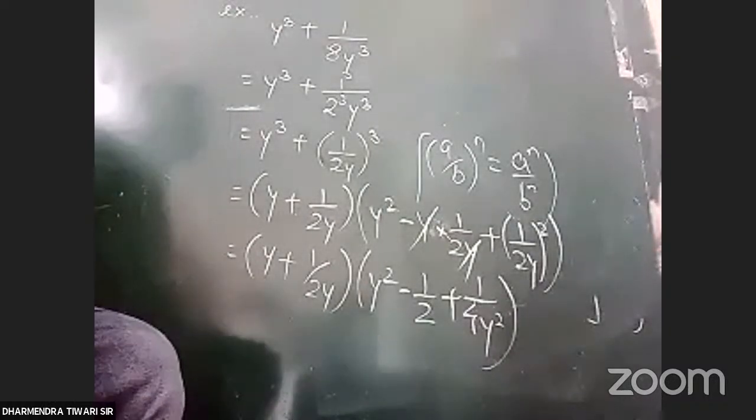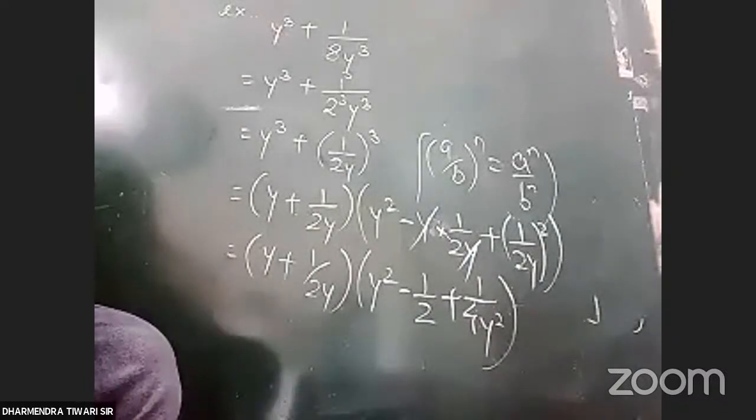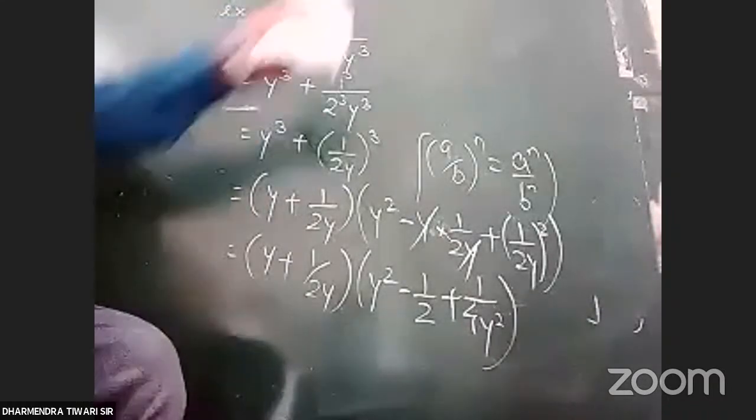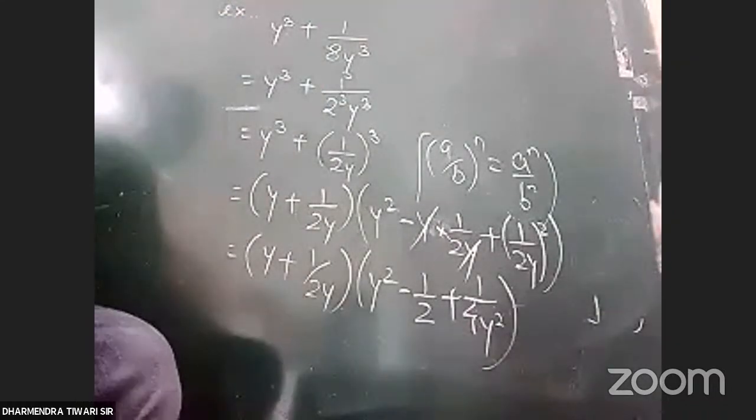We are done with this example. Now the last example, in which we'll be having a coefficient in the numerator and a variable in the denominator. Another type of problem you can solve.